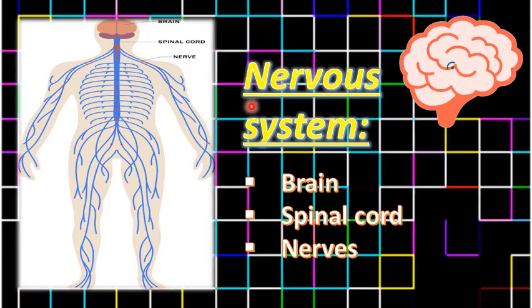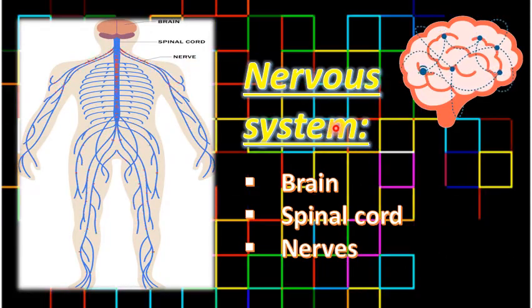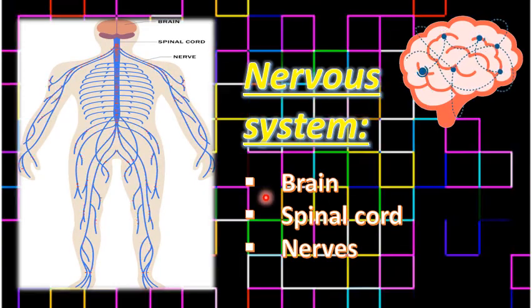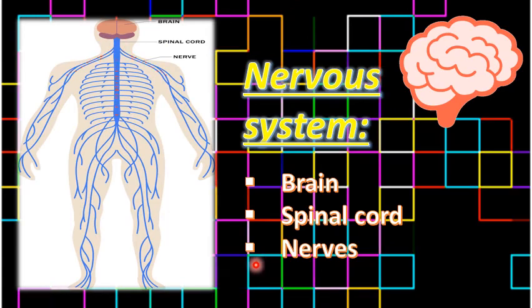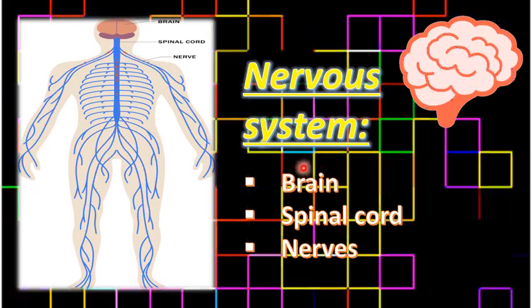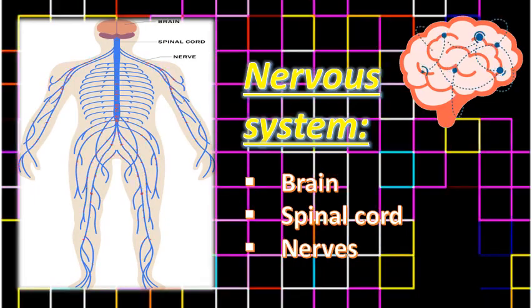So the nervous system is made by the combination of 3 things: brain, spinal cord and nerves. Let's discuss them one by one. Let us start with the brain.